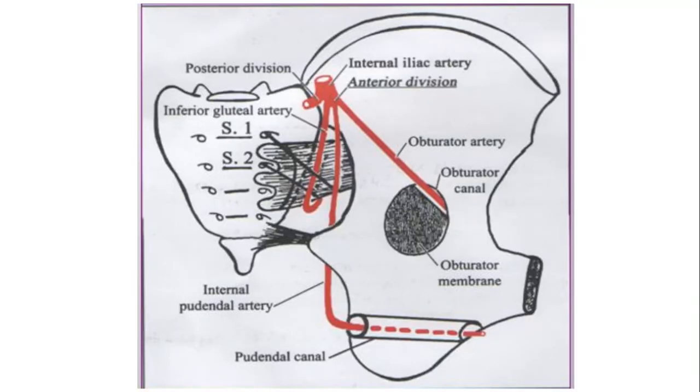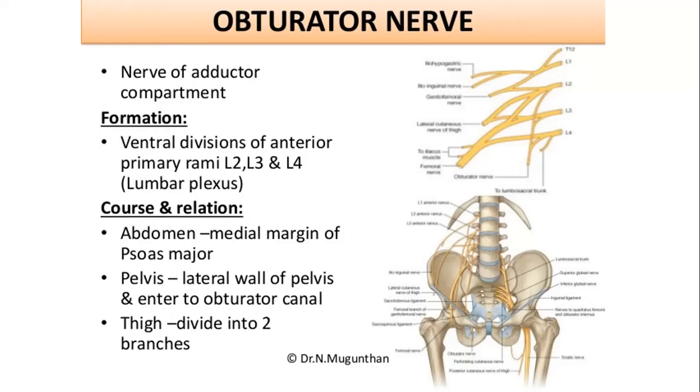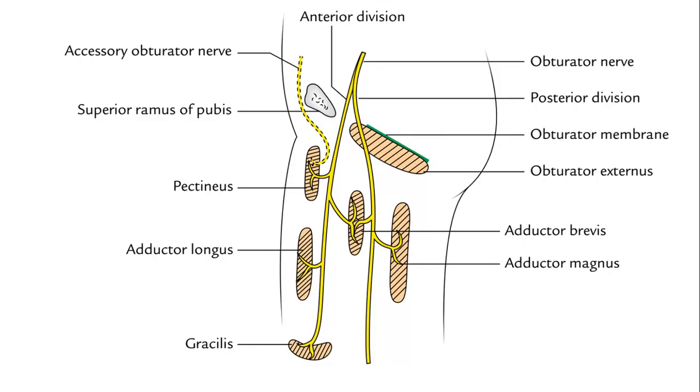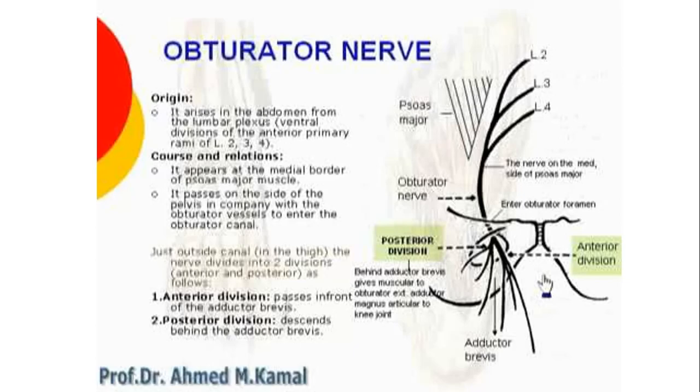And then we have the obturator artery, its course and passing through the obturator canal, how it enters, and then between the adductor longus and brevis. Obturator artery branches and its course have been shown here. Then the obturator nerve and the clinicals of the obturator nerve.